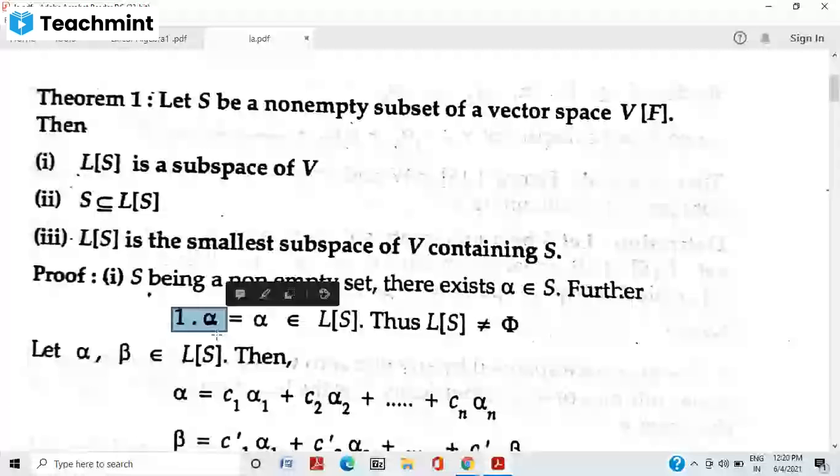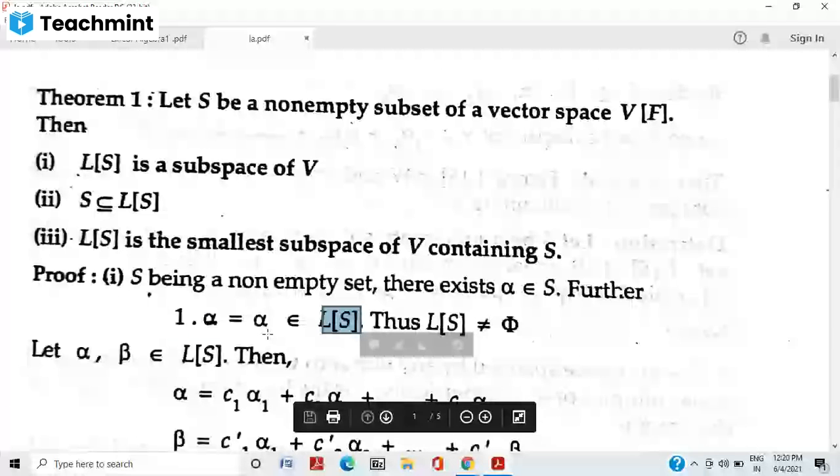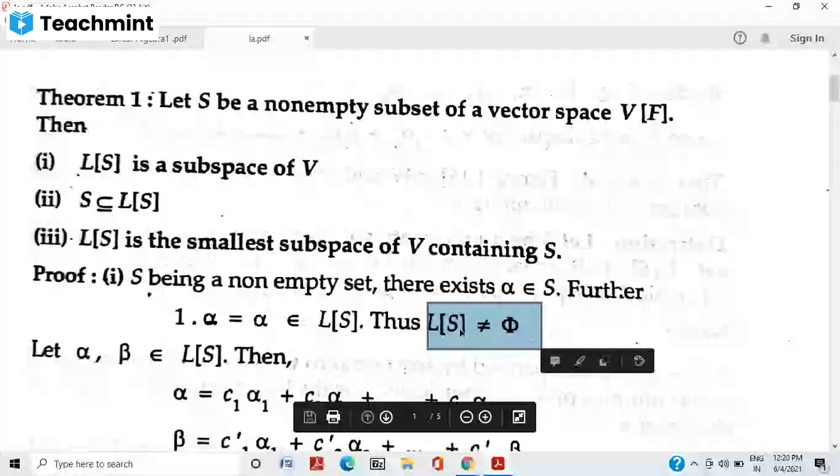Then it has become a linear combination. 1 into alpha means it is a linear combination of the form C1 alpha. Then we can write it is in the linear span L of S. Then we got one vector alpha belonging to L of S. That means we can say L of S is non-empty.